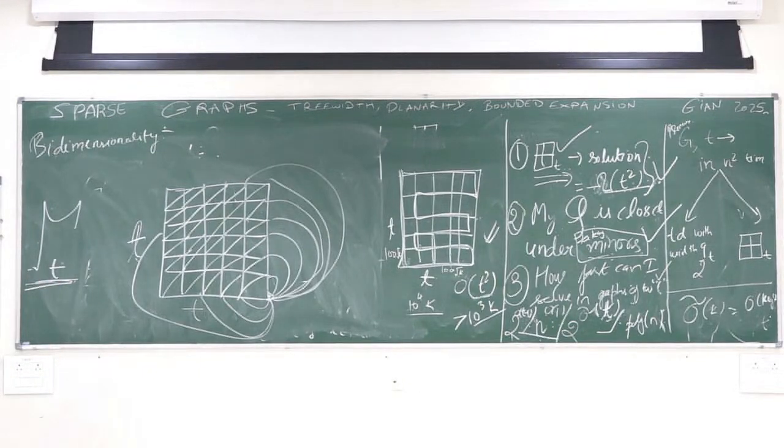So let's define this structure. Let's name this structure also. The original graph is a grid, with some additional lines.